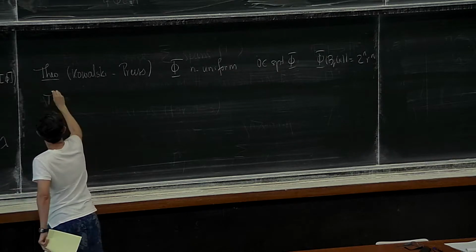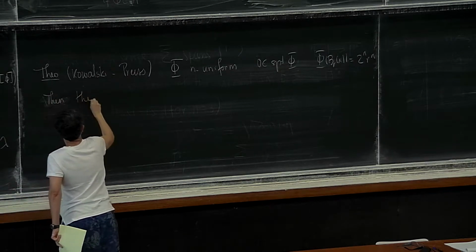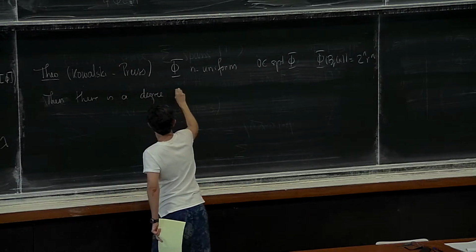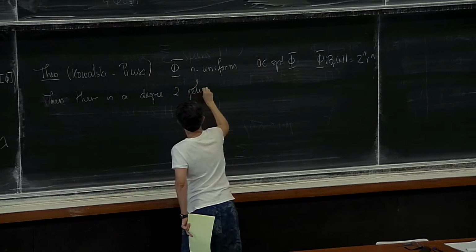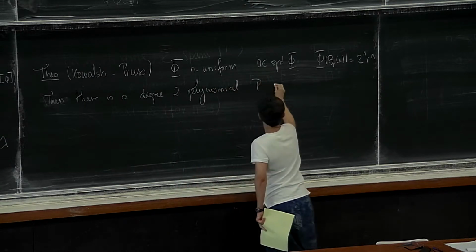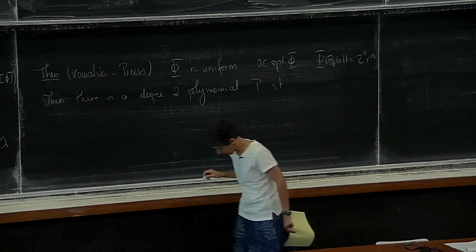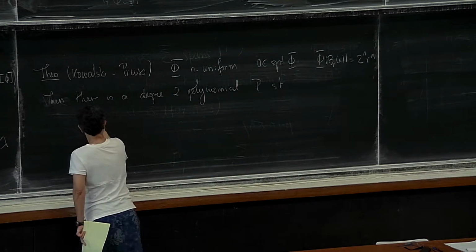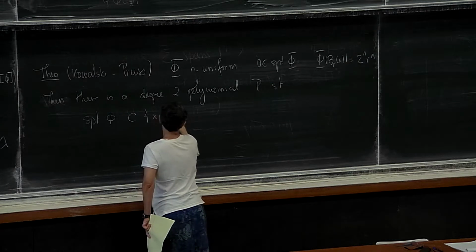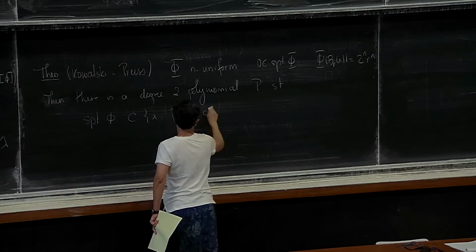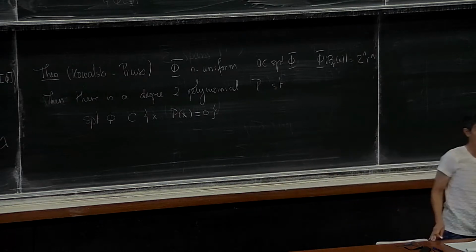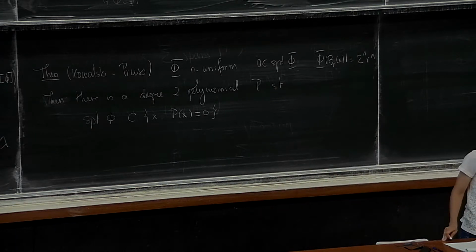So then there is a degree 2 polynomial, we're going to call it P, such that the support of phi is contained in the zero set of P. That means if you are an n-uniform measure in R^m, you live on a quadratic.